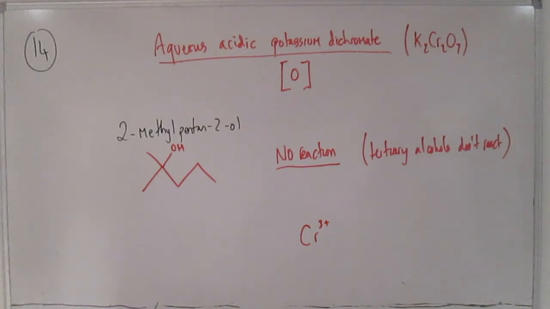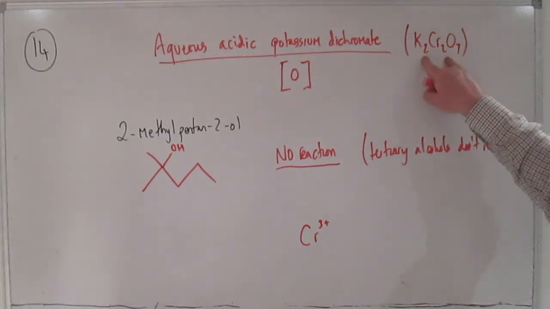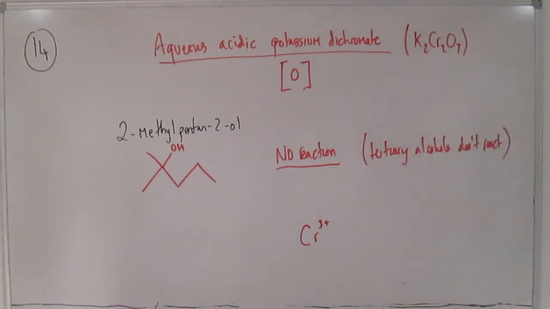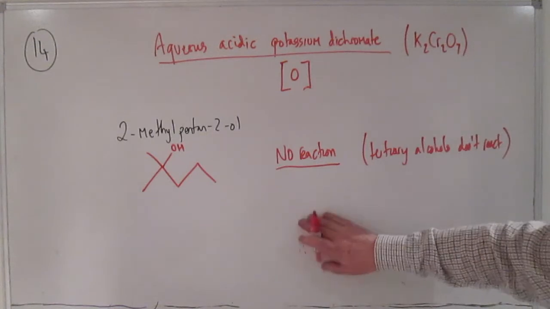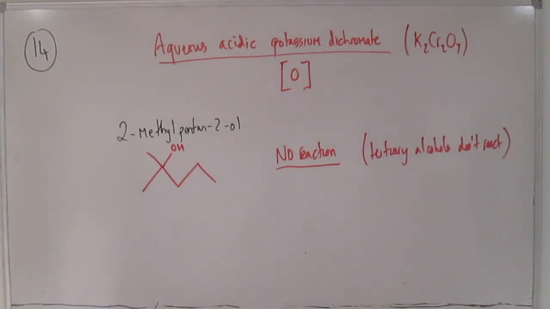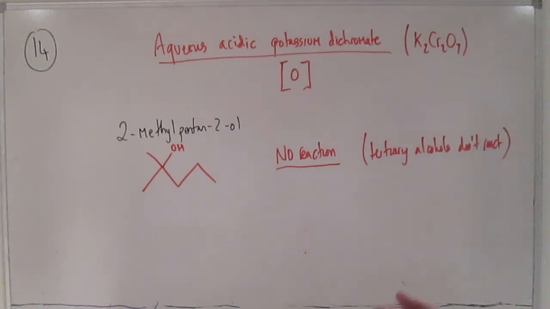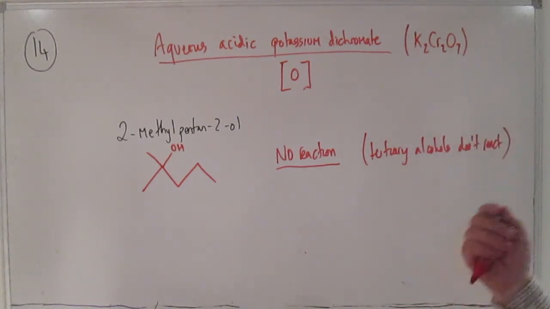So what happens when you do the reaction is that if the dichromate succeeds in oxidizing something, it itself becomes reduced to Cr3+, and so the colour changes from orange to green. So with a tertiary alcohol, there was no reaction, so the dichromate will stay orange when you heat it up. But with a primary or secondary one, if you heat it with the aqueous acidic potassium dichromate, it changes from orange to green. So that's an important colour change that you need to learn.